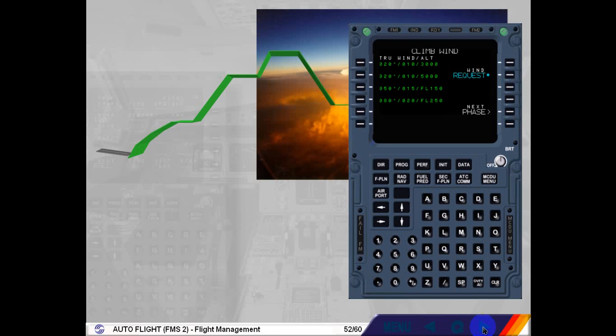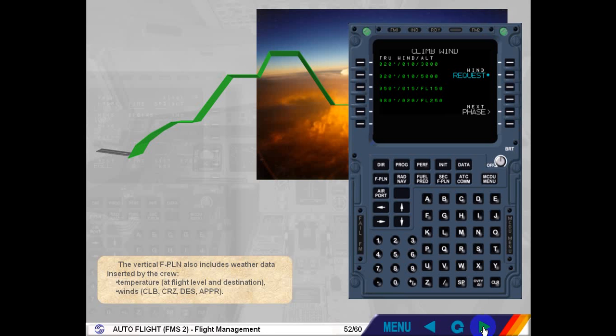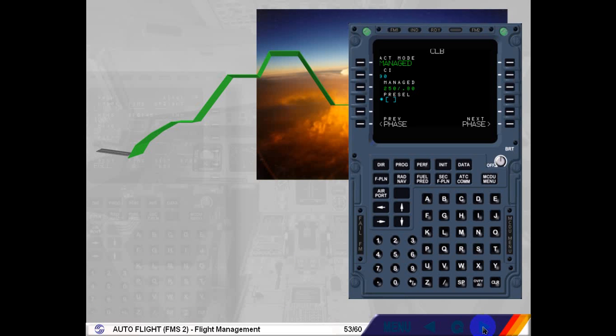The vertical flight plan also includes weather data inserted by the crew: temperature at flight level and destination, winds, climb, cruise, descent, approach. The FMGC optimizes the cost of operation computing econ speed, Mach, for each phase of flight.